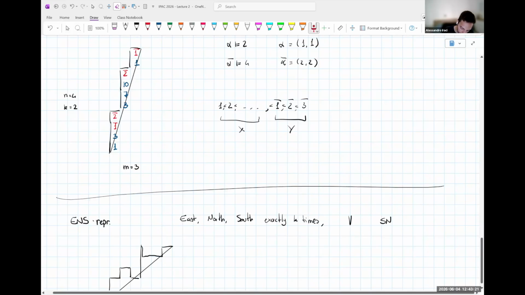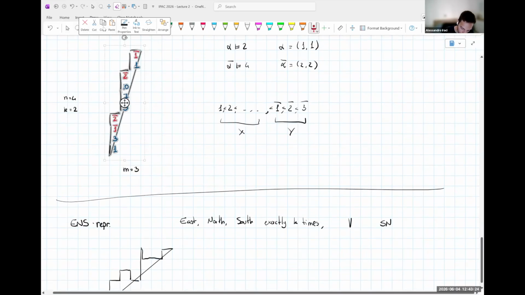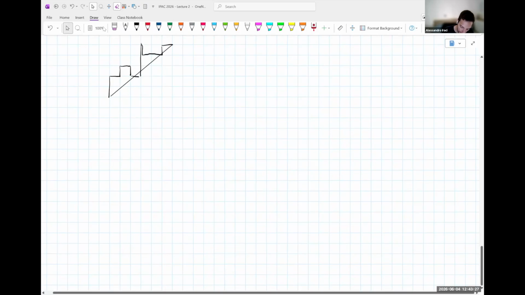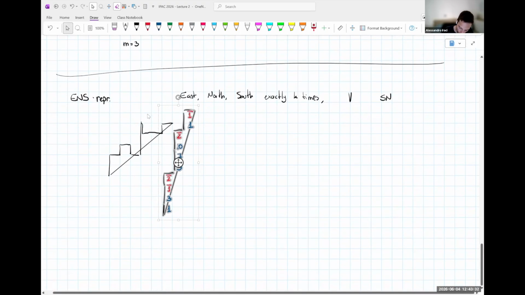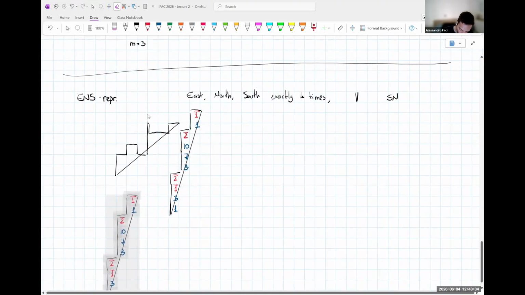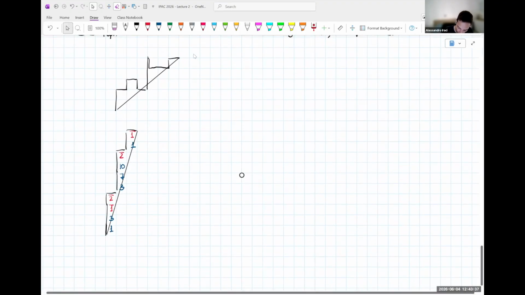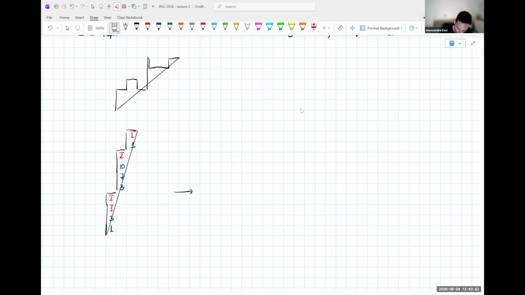What do we do here? We start from something like this. And then the combinatorial argument is very, very easy. We keep everything, the columns, as they are. But then after each column, we go down by 2 steps, by k steps, where k is 2.